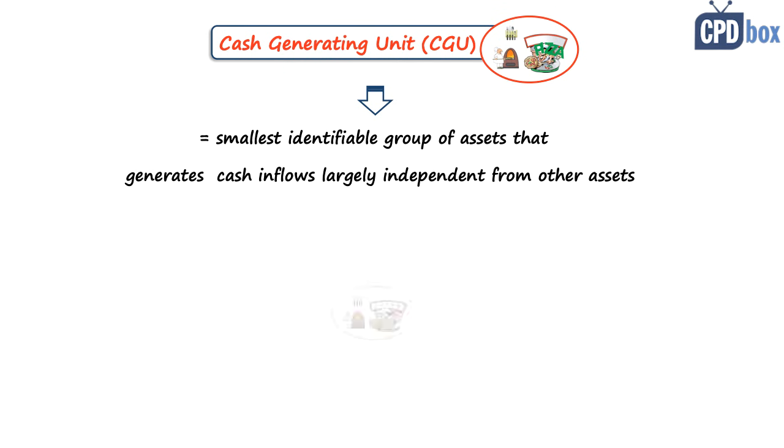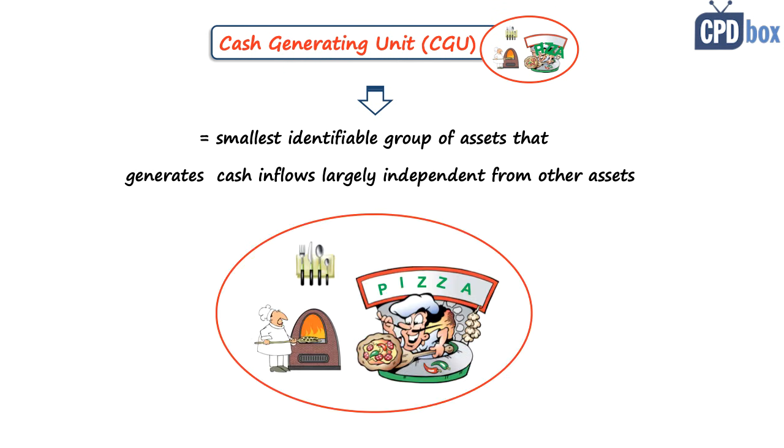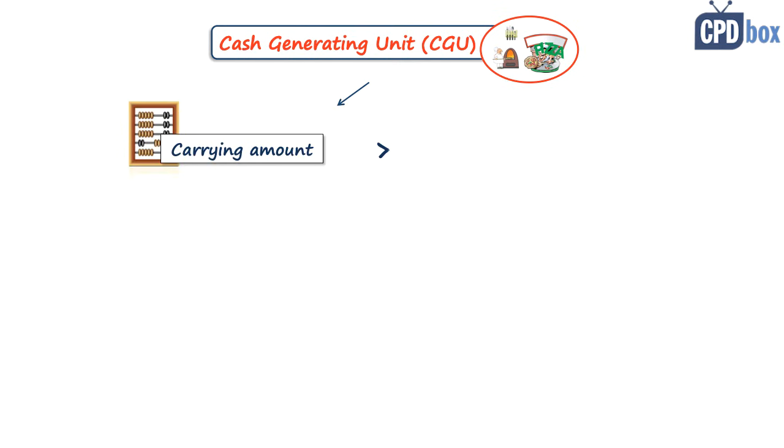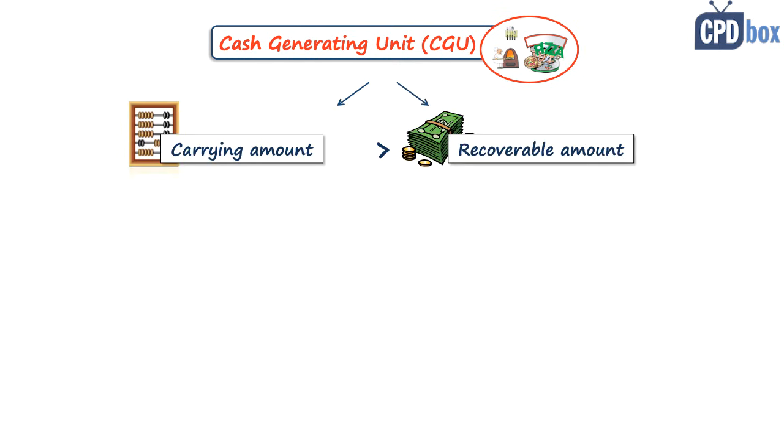So here we come to the concept of cash generating unit, and that is the smallest identifiable group of assets that generates cash inflows that are largely independent of cash inflows from other assets or groups of assets. So analogically, as for individual asset, impairment loss for cash generating unit arises when its carrying amount exceeds recoverable amount of cash generating unit.